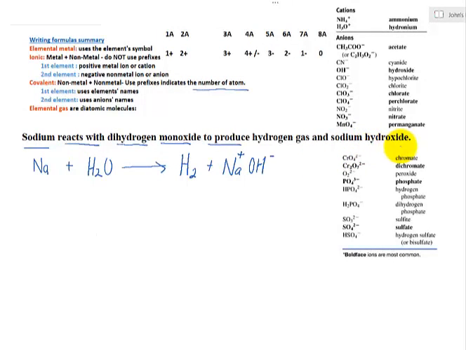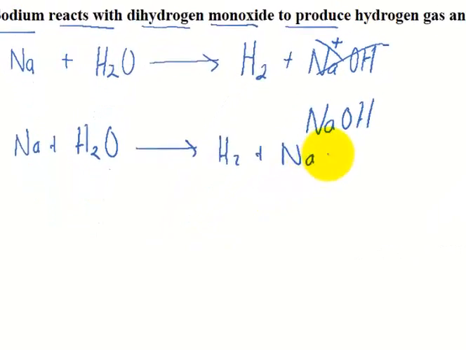Look, it doesn't have a prefix, so that's why we know right away it is an ionic compound. Now the charge is balanced, the negative and the positive already cancel out, and therefore we can just write it like this, and we don't have to worry about that at all. So we have Na plus H2O equal to H2 plus NaOH.